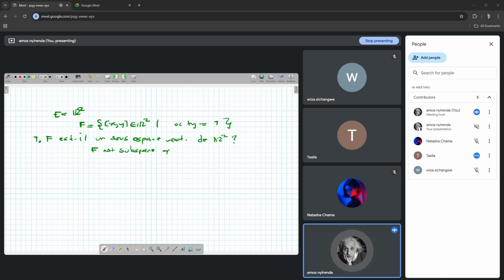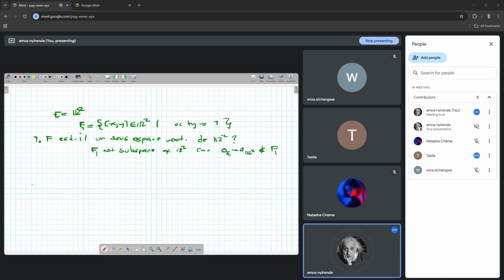F is not a subspace of what? Of R2. The justification here is that the zero element of E, which is equal to the zero element of R2, is not part of the set F1. Let me just call this F1 so that you don't confuse it with the previous example.